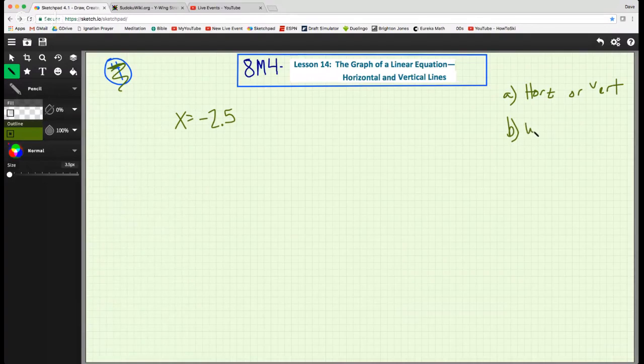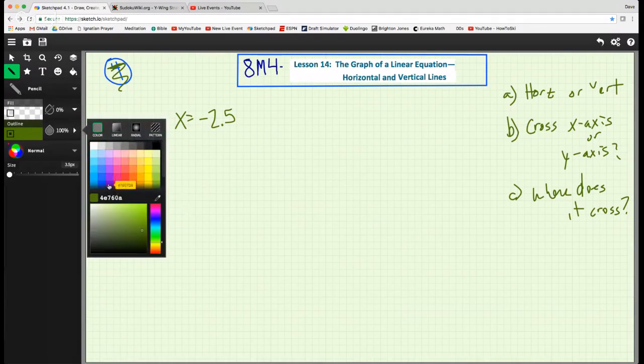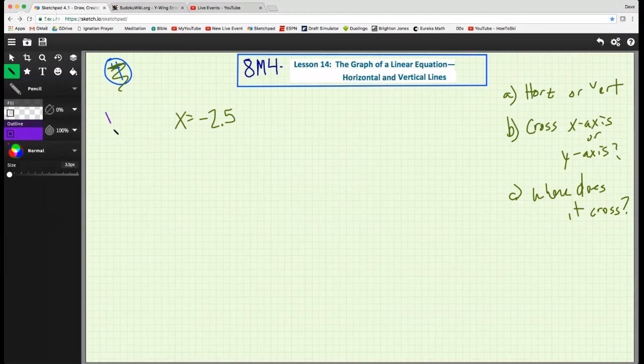B, does it cross the X-axis or Y-axis? And then C, where does it cross? Okay. Go ahead, pause. Let's try.